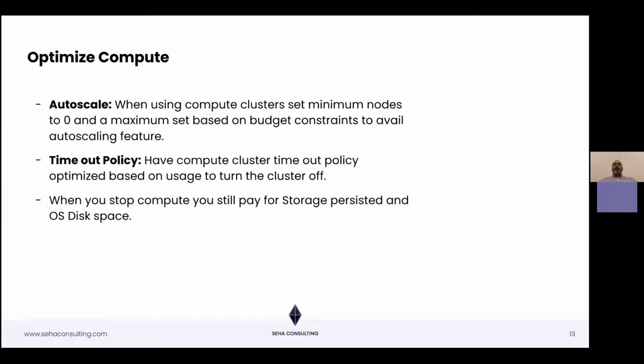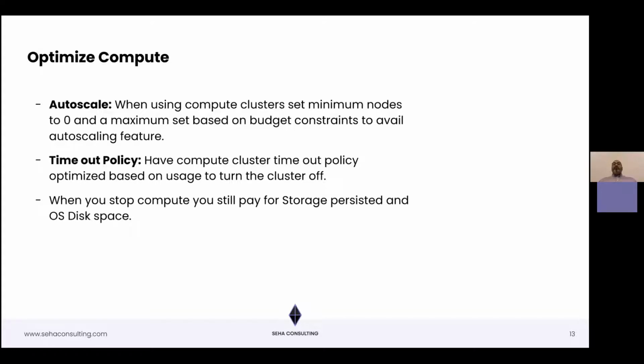As you scale up and down, you can go to however many nodes the maximum is, based on your budget constraints. And set the minimum to 0, so when the jobs are done, you come back down to 0.